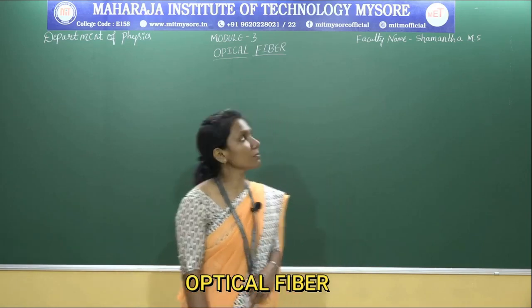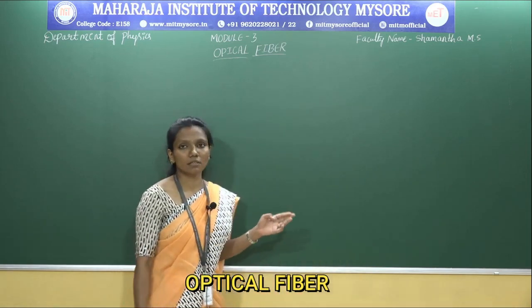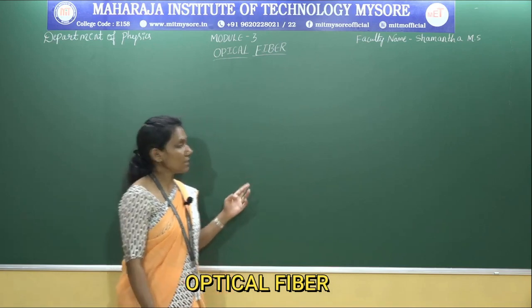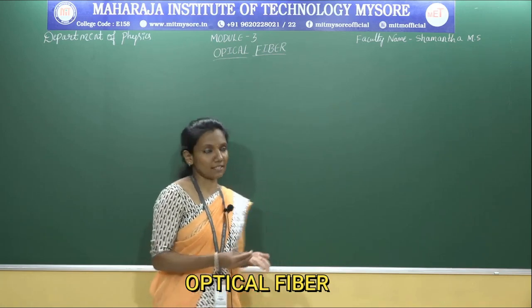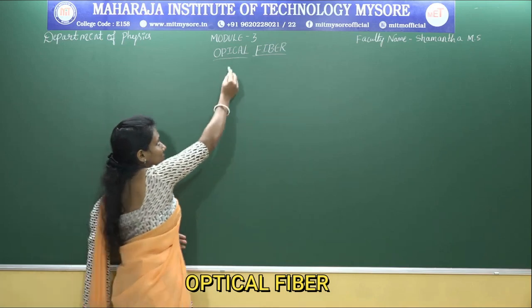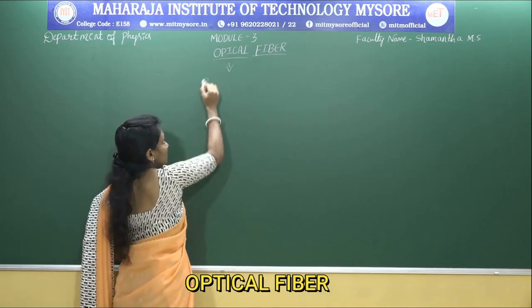First, optical fiber: how is it made? Optical fiber is transparent and flexible, and it is made of glass, silica, or plastic.